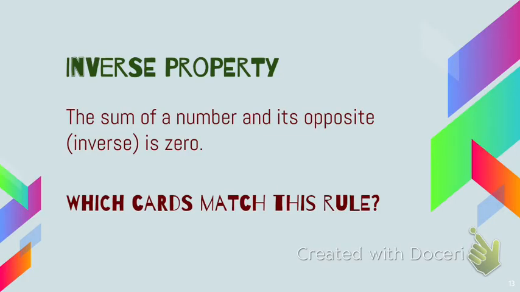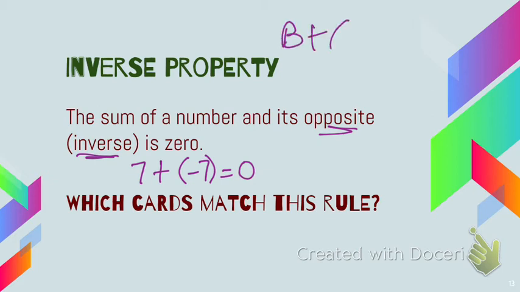So this says that a sum of a number and its opposite, or its inverse, is 0. So 7 plus negative 7 is 0. That's just a bunch of 0 pairs, isn't it? B plus negative B equals 0. These are opposites. That's really easy, right?